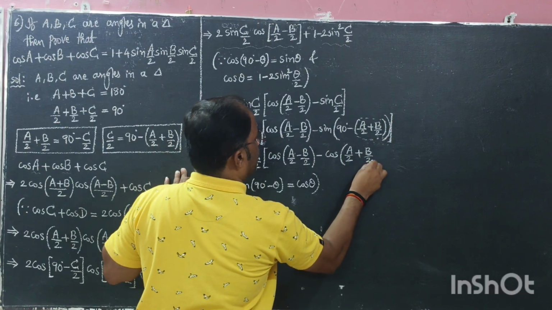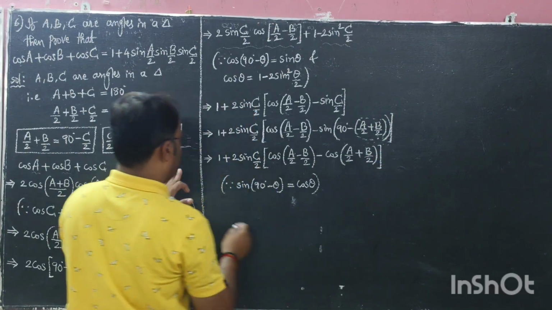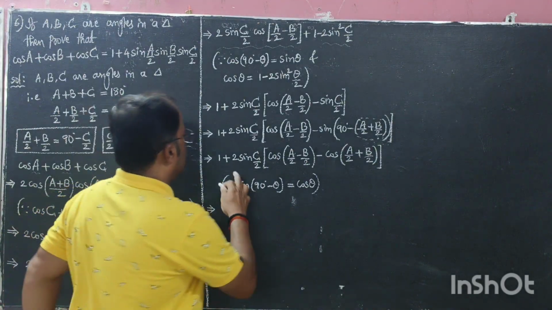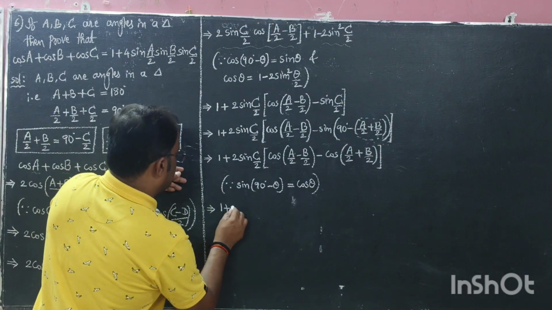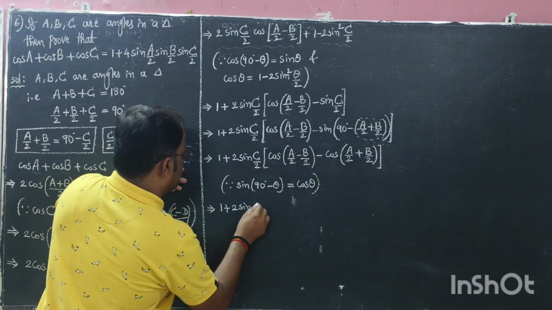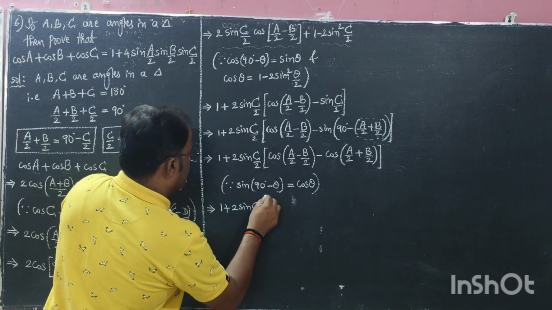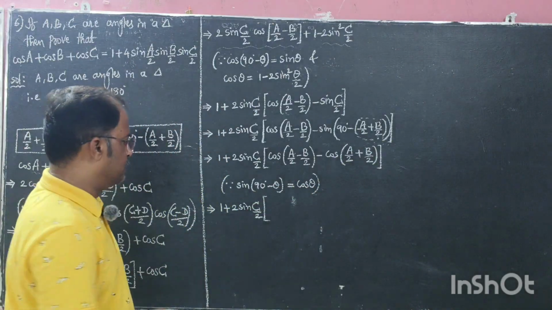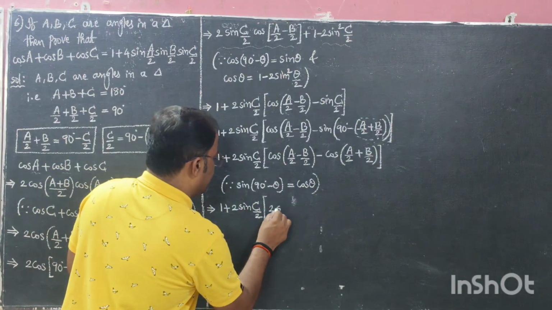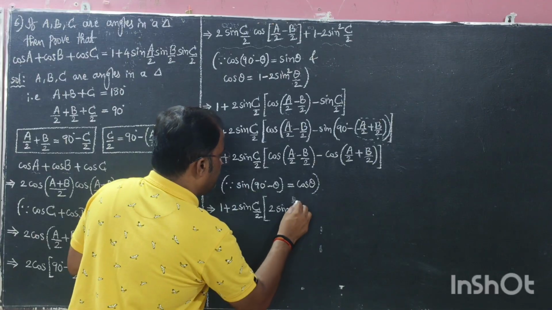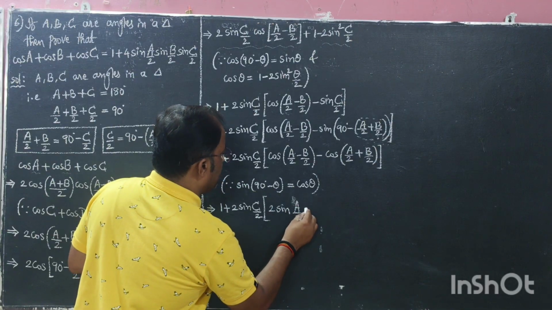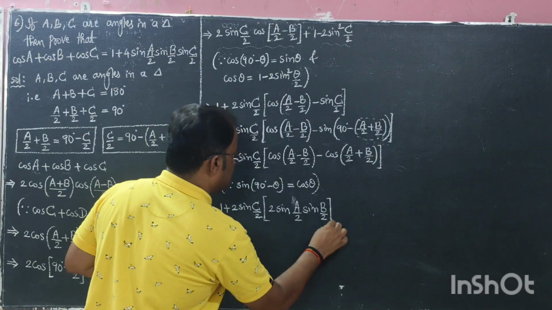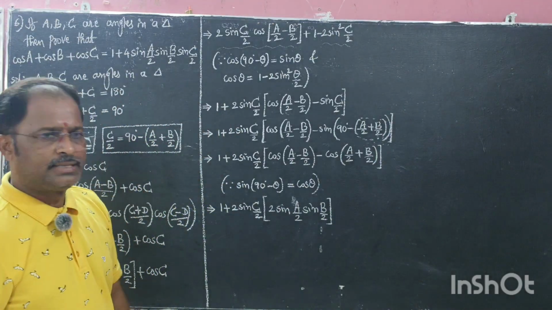Clear? Okay, the next one, so 1 plus 2 sin C by 2 as it is. And next into cos of A minus B minus cos of A plus B. Cos of A minus B minus cos of A plus B formula is 2 sin A sin B, means 2 sin A by 2 sin B by 2.